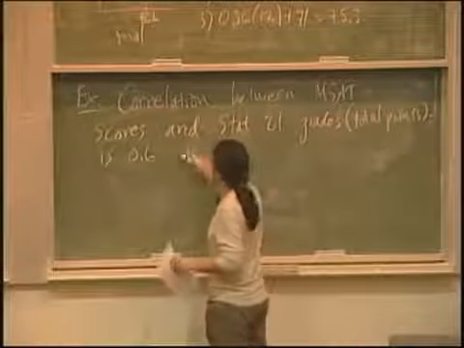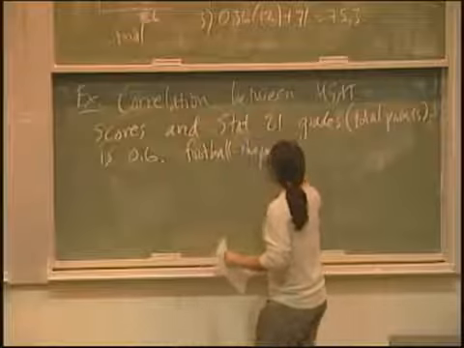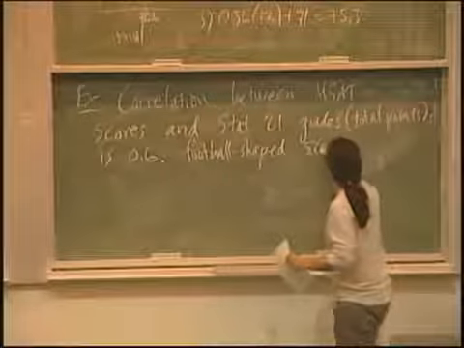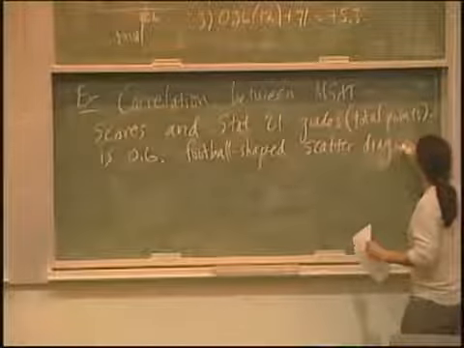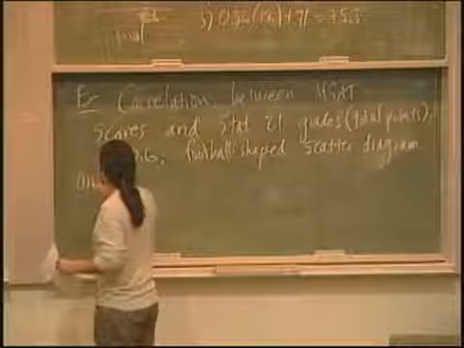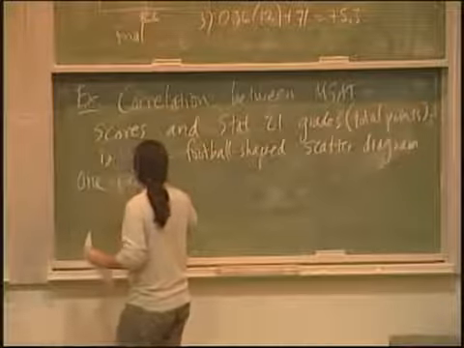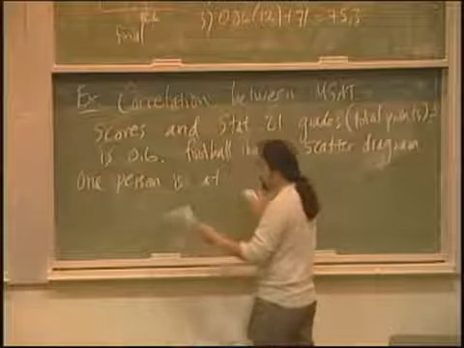And we have a football-shaped scatter diagram. And one person is at the 31st percentile on the MSAT.